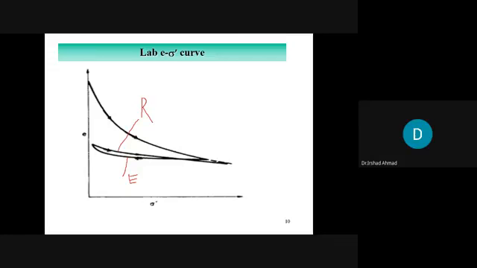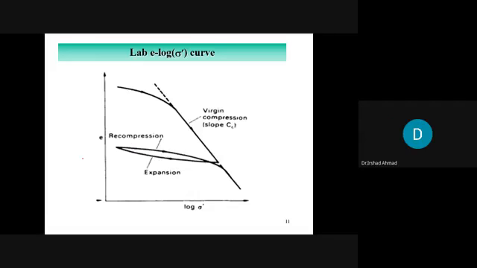Now, in the next slide, we are going to plot the same data on a log x-axis. So we would plot the same data on log sigma prime and e. And let's see how the shape would be. So the shape is here.